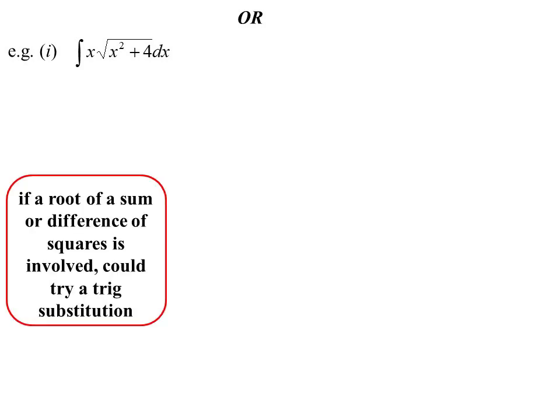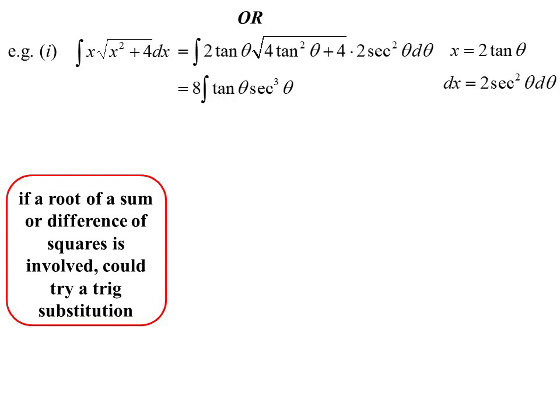Of course, another way you could do it is this. Not suggesting that I would do it this way, but it does work. If you see a square root and it's a sum or difference of two squares, well, maybe you could take advantage of your trig identities. So what would happen if I made x equal to 2 tan theta? Which means my derivative, or dx, becomes 2 sec squared theta. And I could substitute in.